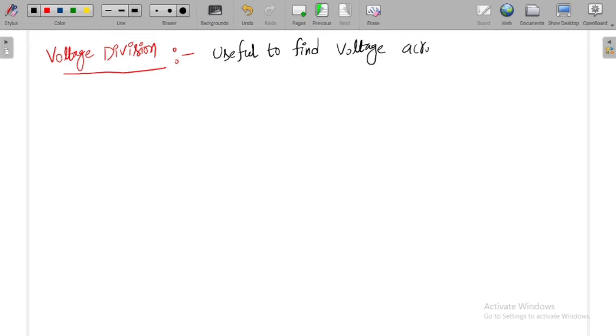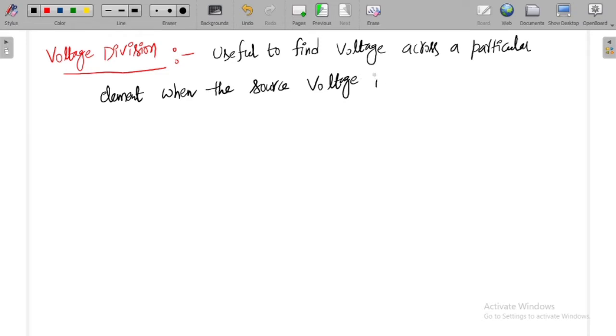So voltage division concept is basically used to find the voltage across a particular element when the total voltage or when the source voltage is known to us. So the very purpose of voltage division is to find the voltage across a particular element when the source voltage is known to us.